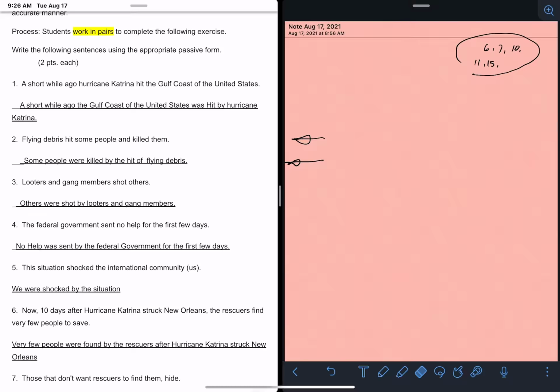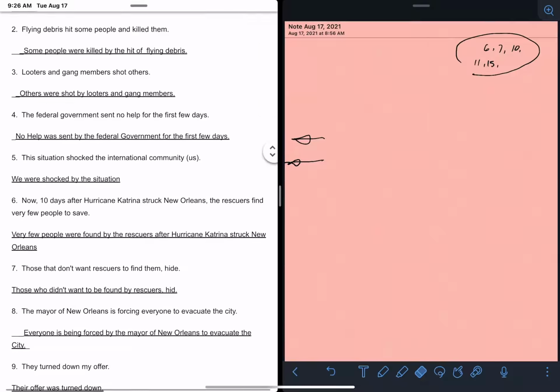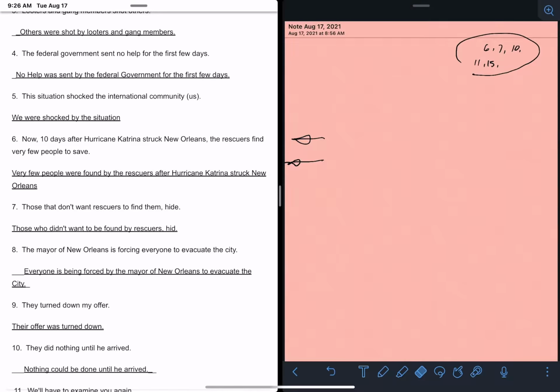Number 6 says, now 10 days after Hurricane Katrina struck New Orleans, the rescuers find very few people alive. The only thing that needs to be changed here is that in the active sentence, the verb is in the present. The verb is find. The rescuers find very few people.